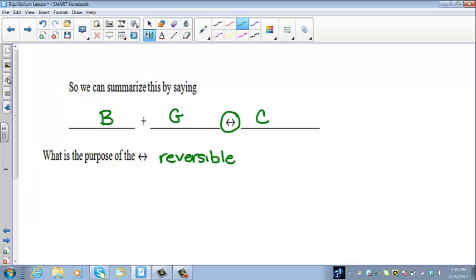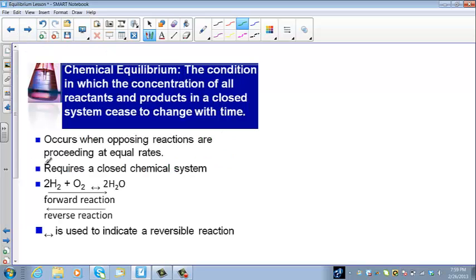So let's apply it to chemistry. Chemical equilibrium is the condition in which the concentration of all reactants and products in a closed system cease to change with time, and that's because the system is closed.